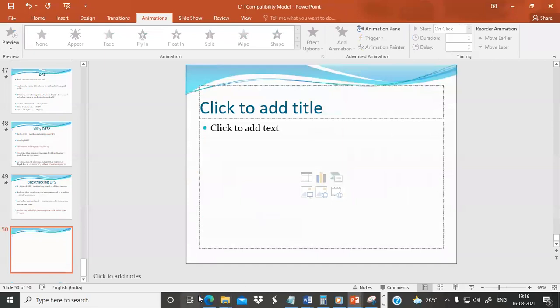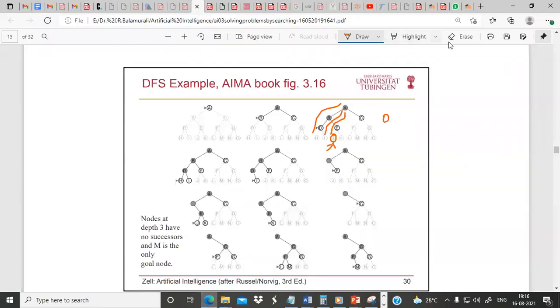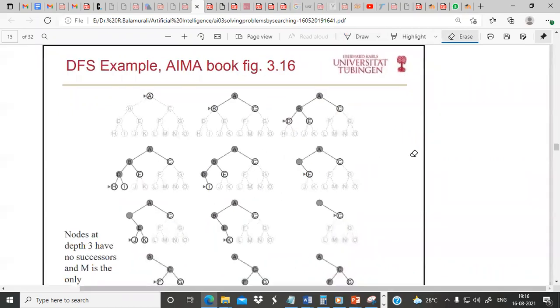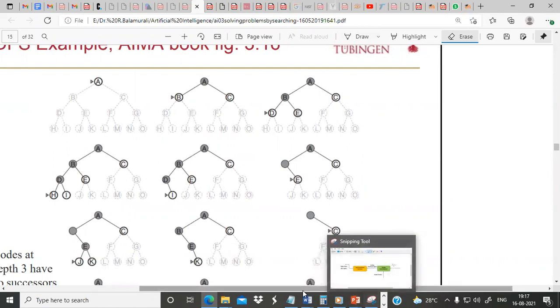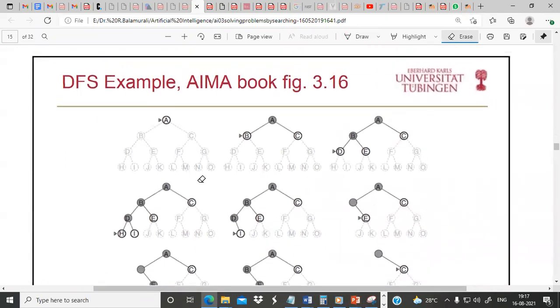So let us discuss something beyond this. Let us try to understand the working mechanism of DFS. This diagram basically shows the graph we want to search using DFS. First we start with the root node.